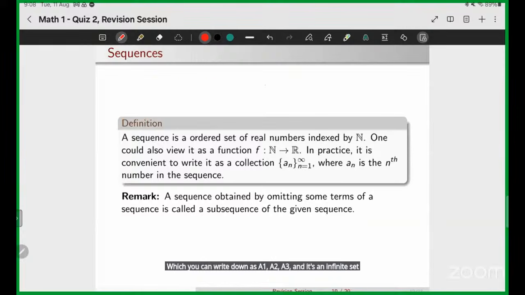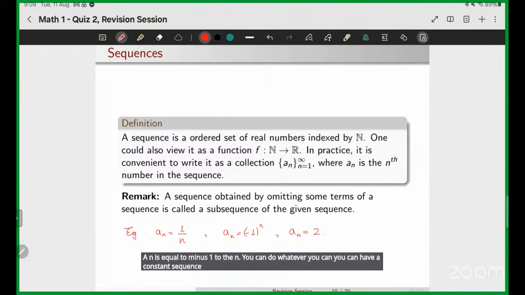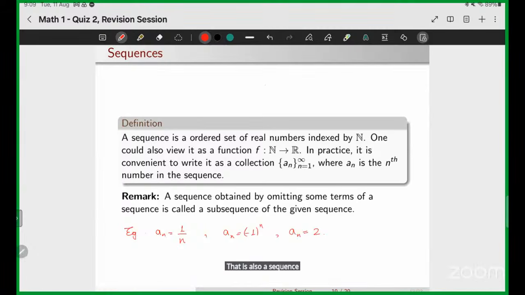Easy examples of sequences are a_n equal to 1 by n, a_n equal to minus 1 to the n. You can have a constant sequence. You can just say a_n is equal to 2 for all n. That is also a sequence. So it does not have to have necessarily distinct values for each n.